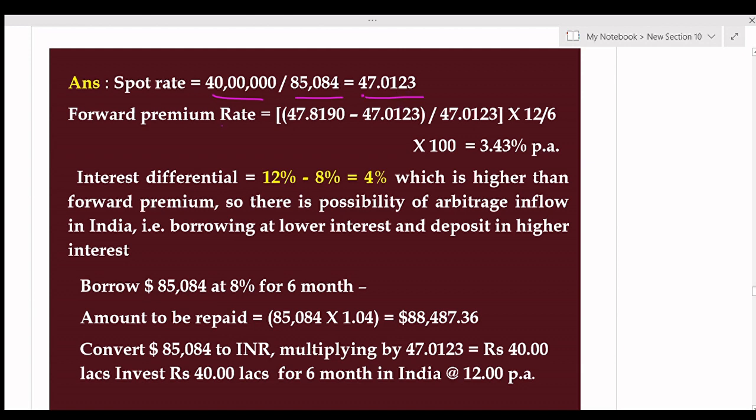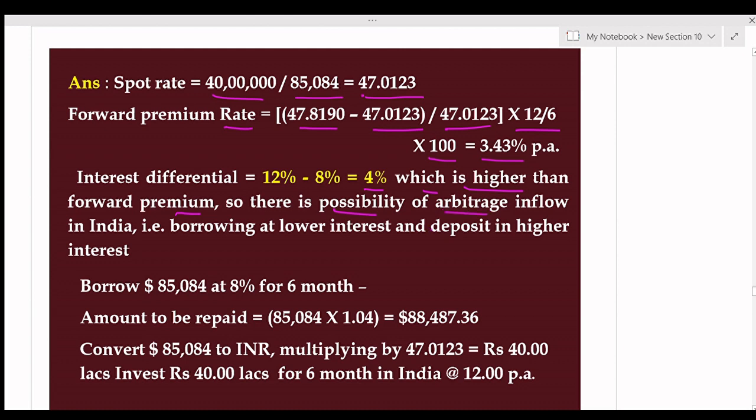Forward premium rate is 47.8190 minus 47.0123, divided by 47.0123, multiplied with 12 by 6 into 100, which is equal to 3.43% per annum. The interest differential is 4%, which is higher than the forward premium. So there is a possibility of arbitrage inflow in India.